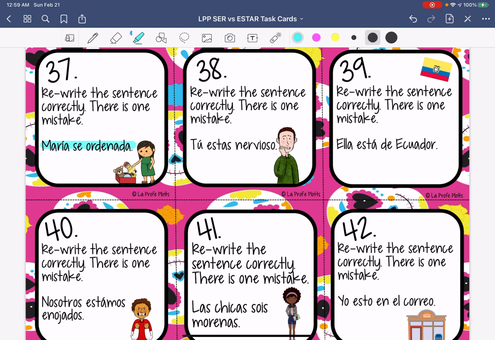Remember, if a name has an accent mark, make sure that when you type the name, you type it with the accent mark. Okay, 38. Tú estás nervioso. Find the mistake and then type the correct sentence. Don't forget your period at the end.